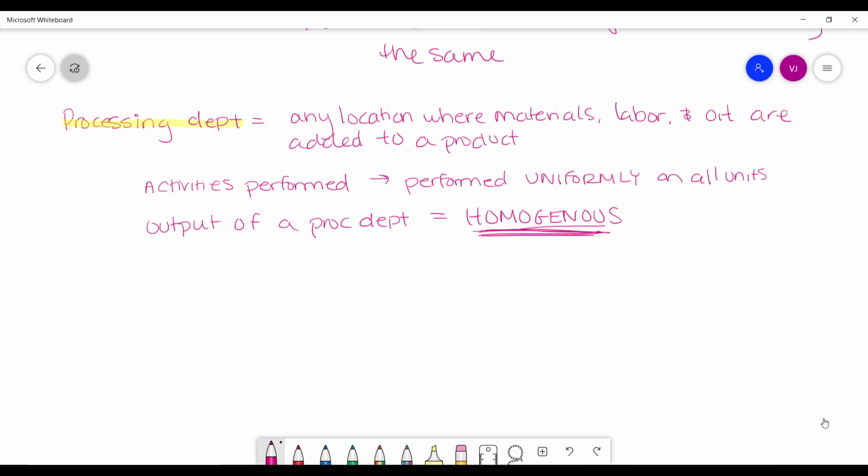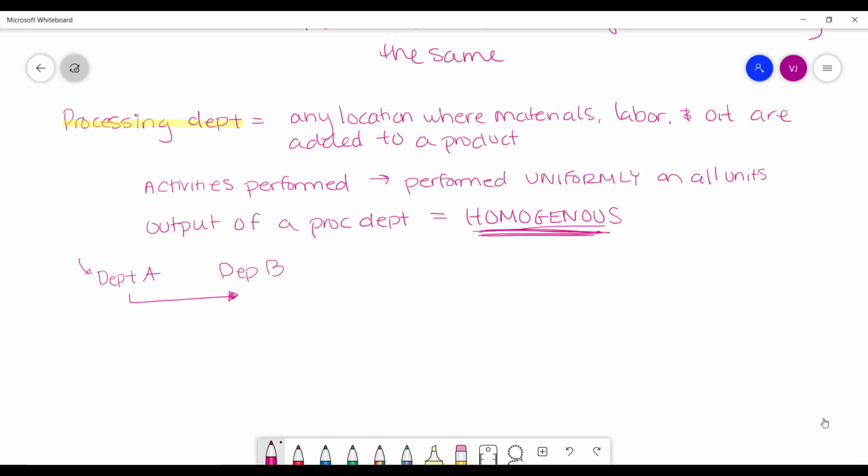So now, let's assume you have processing department A and then processing department B. Once department A does all the work it needs to, after it adds all the materials, labor, and overhead to get the units complete with respect to the activities in that department, those costs will be moved and shifted to department B. And then department B can add its own materials, labor, and overhead to get that batch complete.